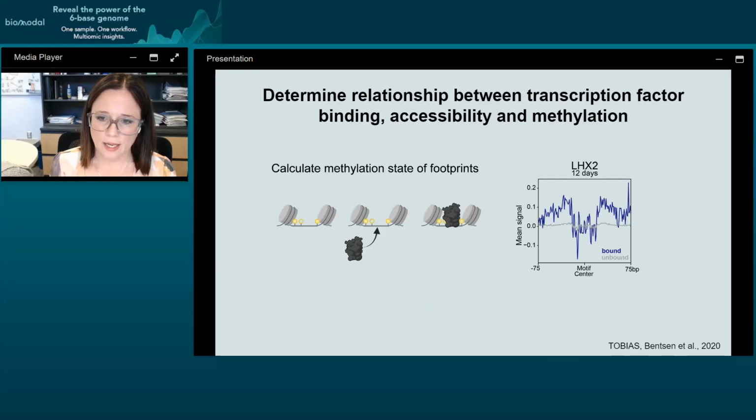And one of the benefits of having the ATAC part of the ATAC-Me protocol is that we can use the Tn5 cut sites to determine TF footprints within the accessible regions.